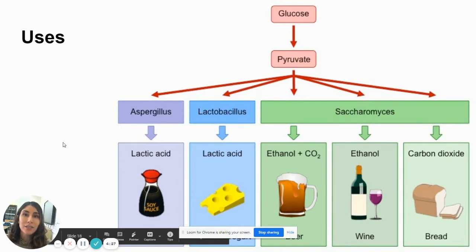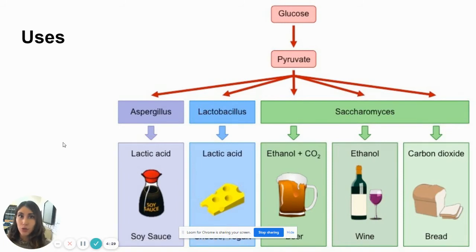Now, lactic acid fermentation, of course, is super useful for organisms that are trying to stay alive in low oxygen situations or environments, but it's also used day to day by humans, and it has been used for hundreds of years to produce many of the things that we use and eat, such as soy sauce, bread, and cheese and other dairy products.